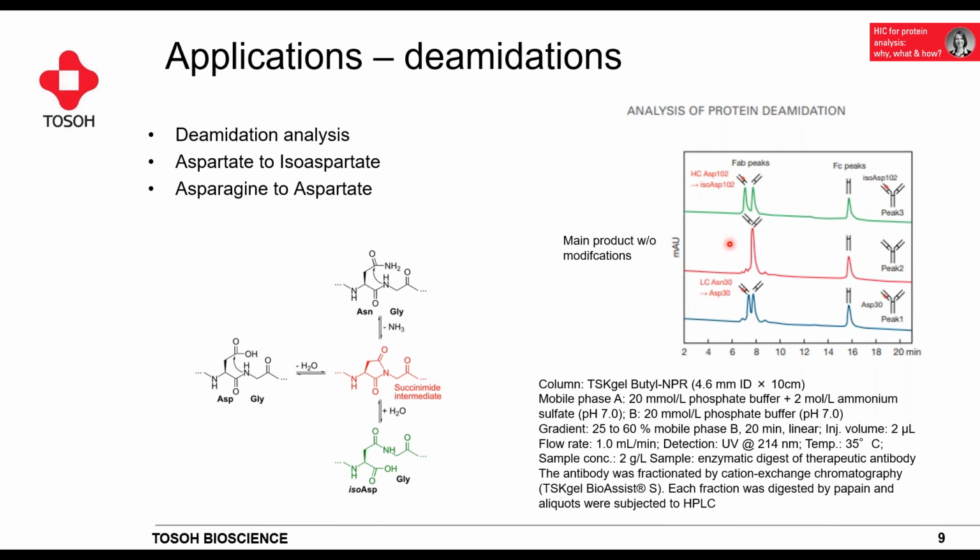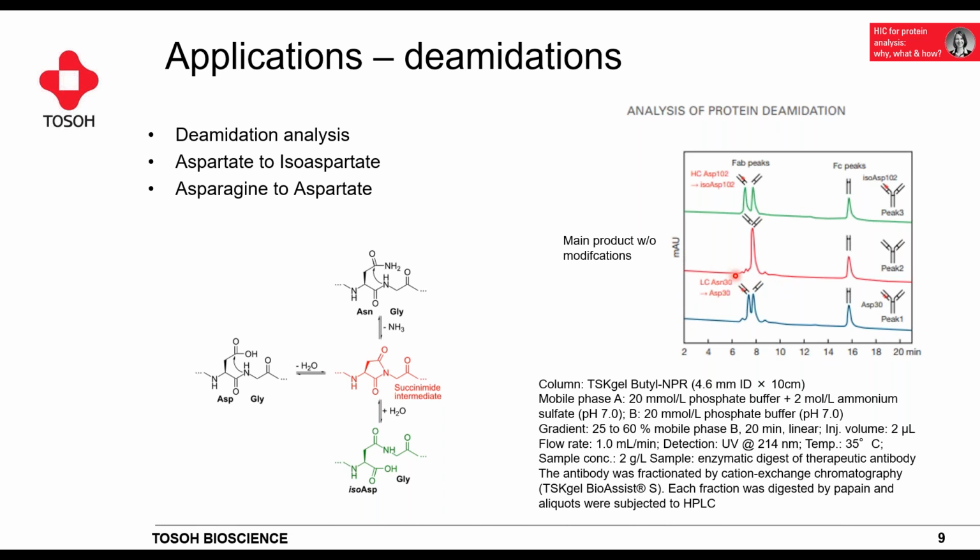And what we are looking at in these three chromatograms is the cation exchange fractions of the whole antibody, basically. So cation exchange is an orthogonal method to look at deamidation. So what we wanted to try with that is to get fractions that are enriched in the deamidated versions of our, in this case, Fab arms.